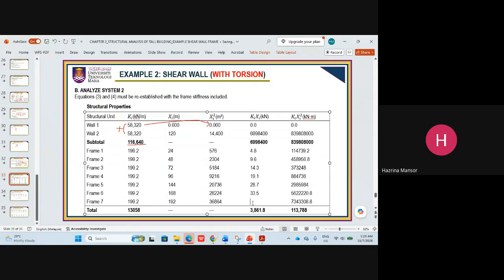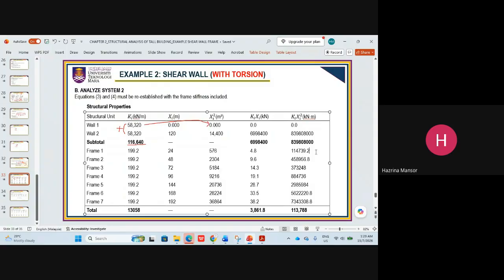And then 199.2 times 192 divided by 1000 is 38.2. Okay, so all of this we need to divide by 1000 as well, because the unit is kilonewton. Otherwise, if you want to maintain it in newton, then you can use this value, but it's too big.